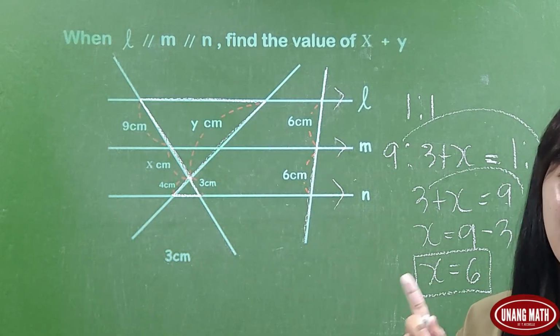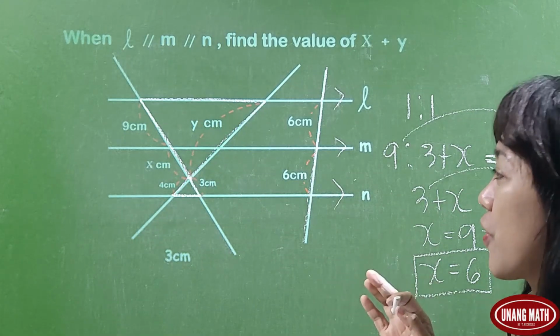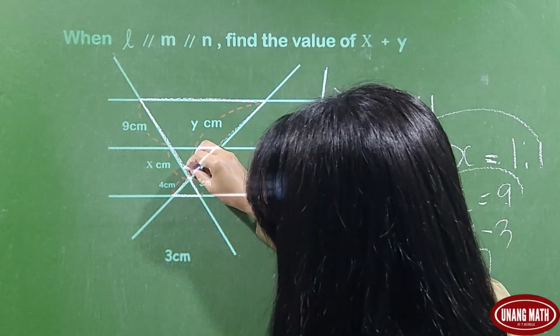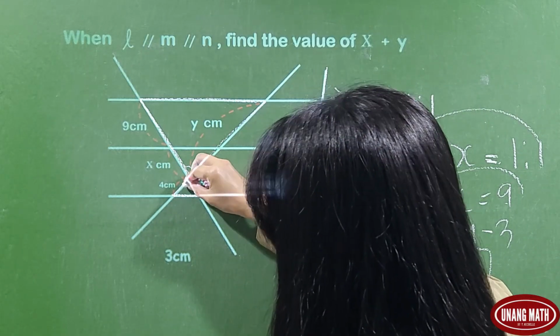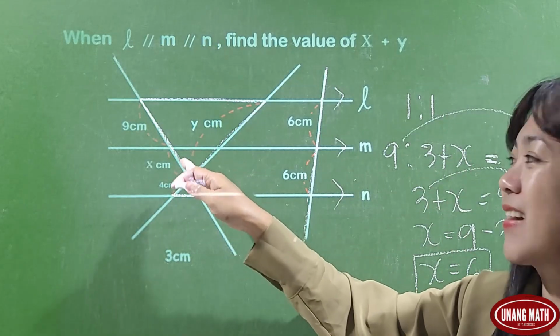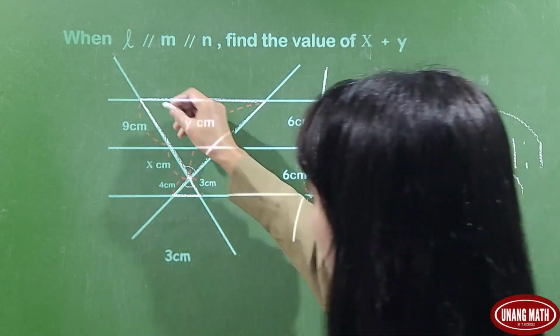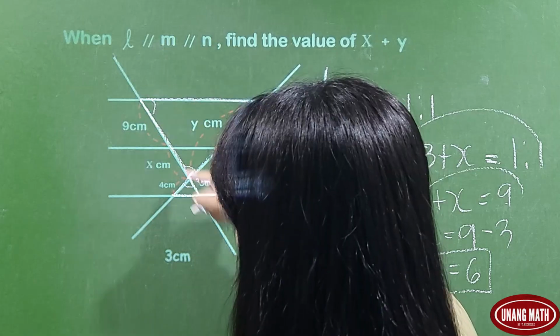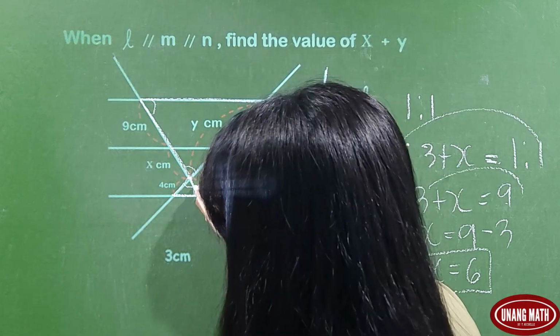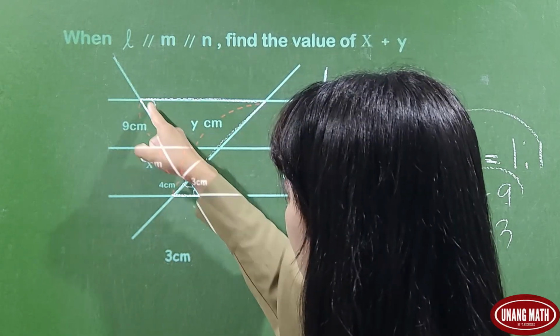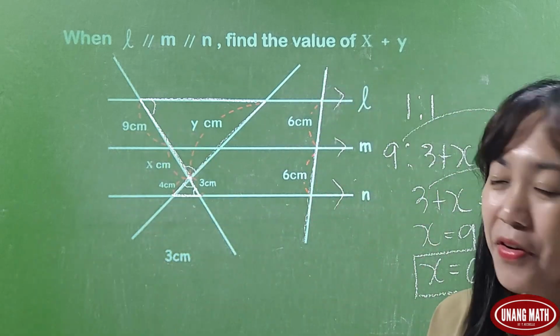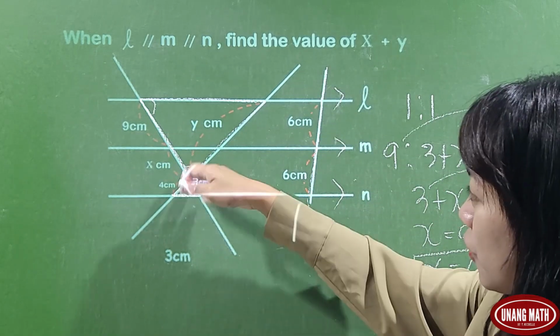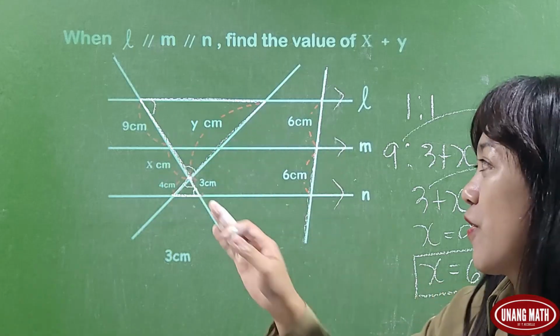These two triangles are similar figures. Why similar? These angles are equal in measure. This angle has the same measure as this angle because these are alternate interior angles. So these two triangles are similar figures.